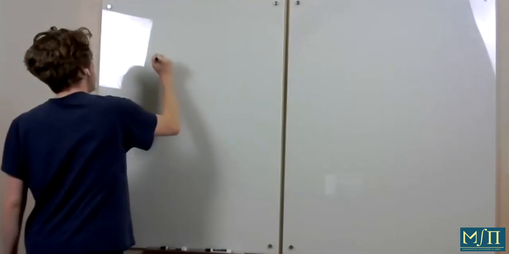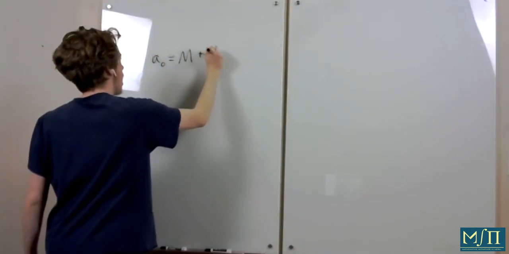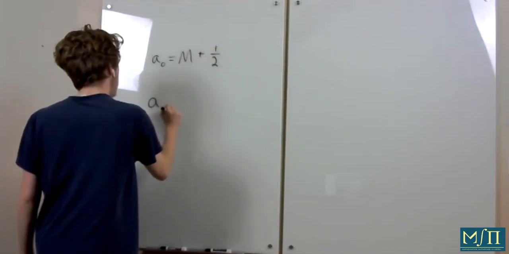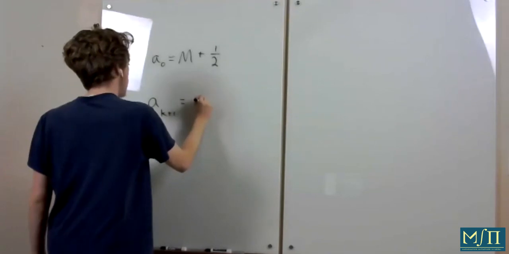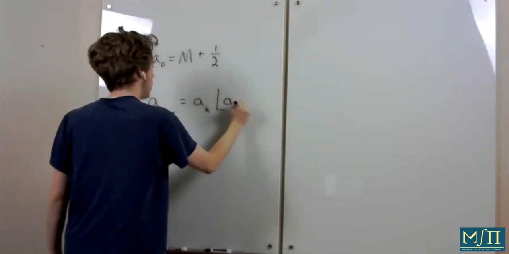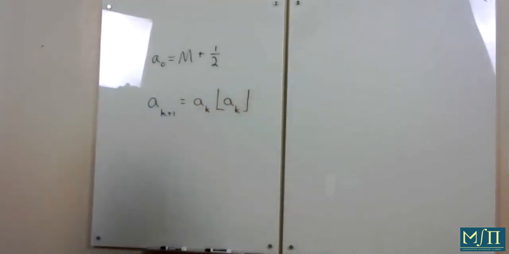You have a positive integer m, and then you say A0 is m plus 1/2. And then a sub k plus 1 is a sub k times the floor of a sub k. And then the problem is find all positive integers m such that this sequence will contain at least one integer term.